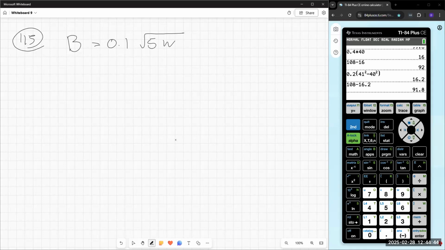So we want our W to start at 90 kilograms and our delta W to be 5 kilograms. So somebody's going from 90 kilograms to 95 kilograms.